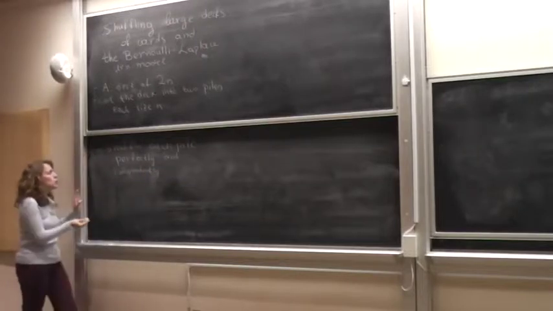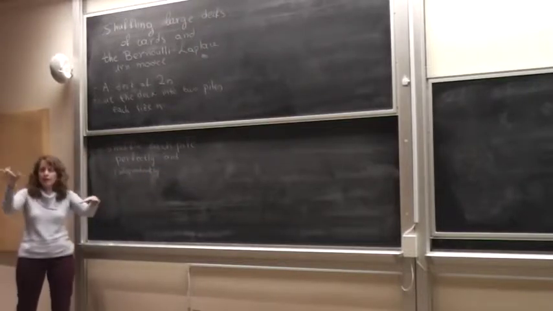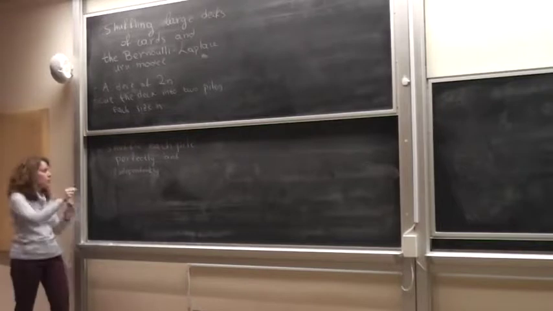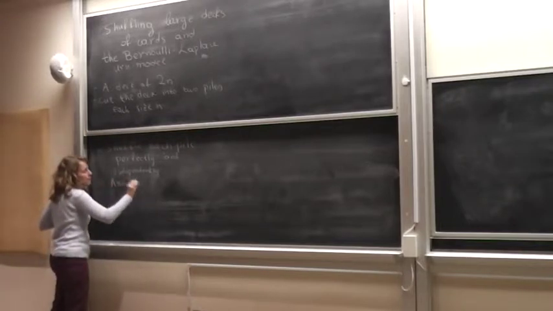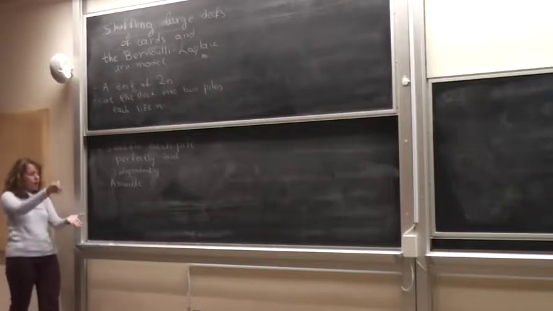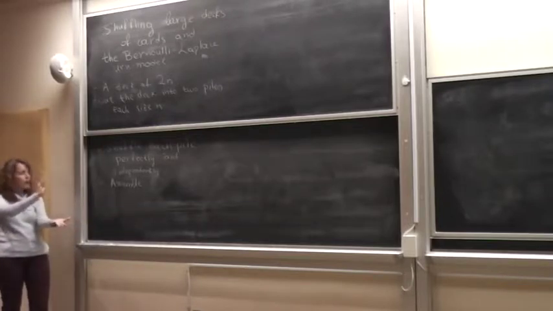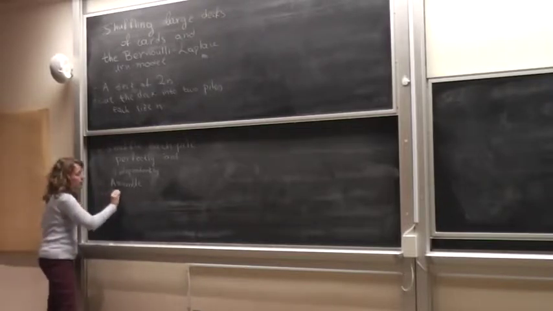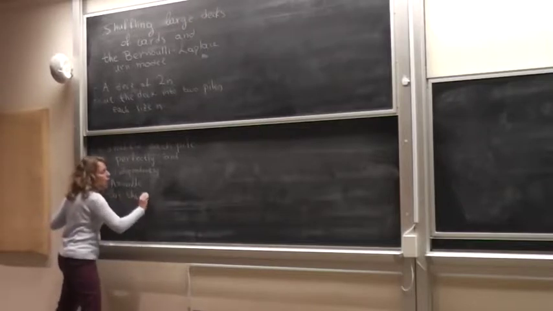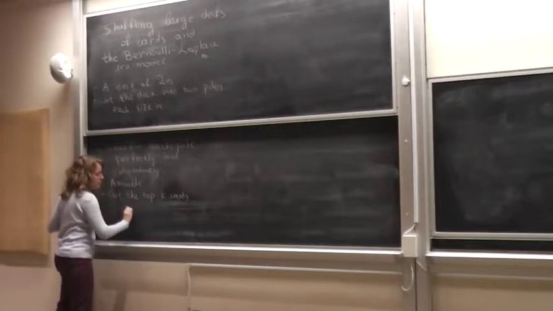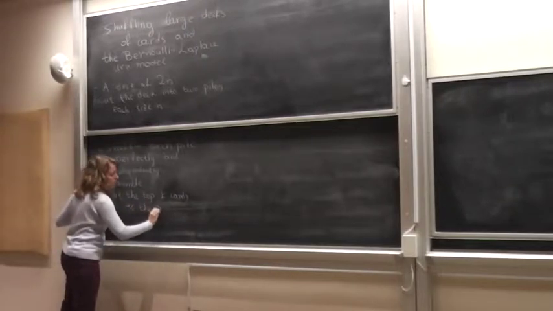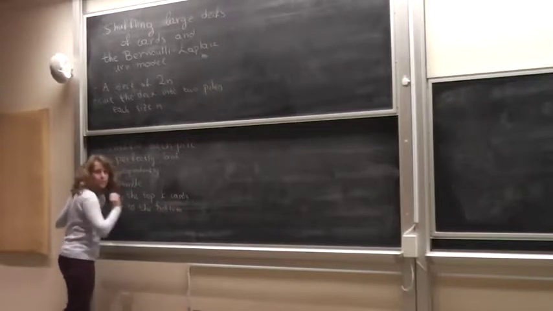Then you assemble, bring the one pile on top of the other. And then at the end, now that you have your entire deck all together, cut the top k cards to the bottom. Later, this model will make more sense.